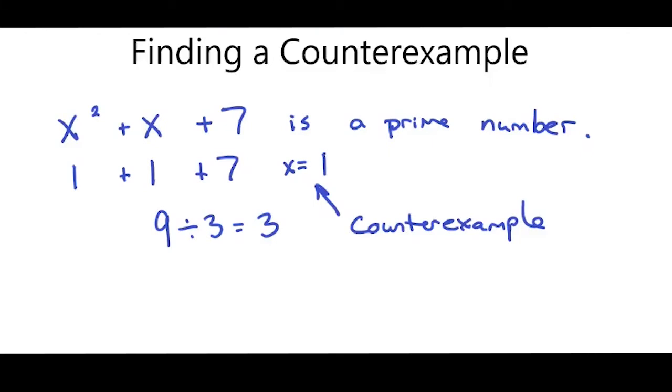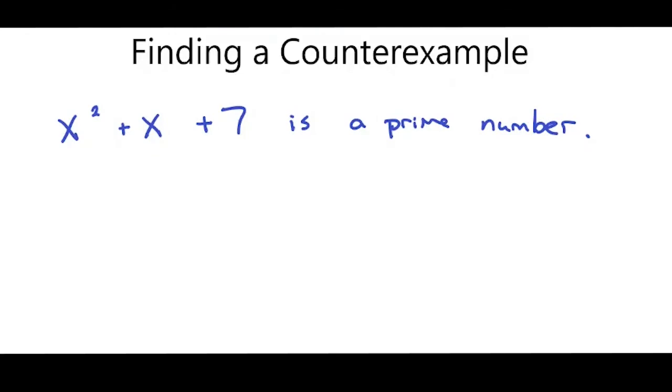Now, there are other possible counterexamples. This is just an example of one of them. All right, I'm going to pick 4. I'm going to try x equals 4. Well, I can plug that into my calculator, so x squared is 16, plus x, which is 4, plus 7. If I do 16 plus 4 plus 7, that's 27.